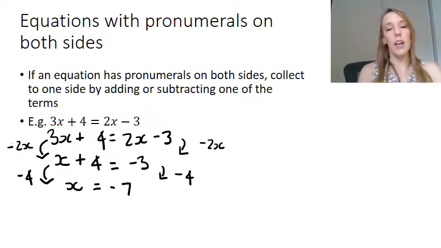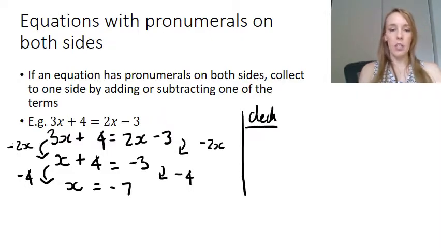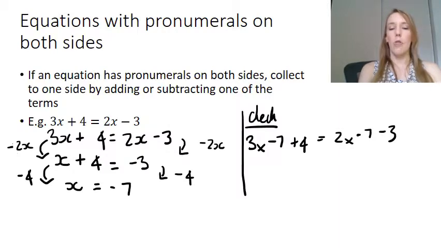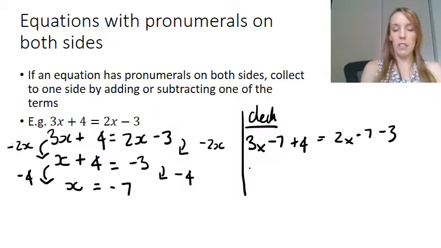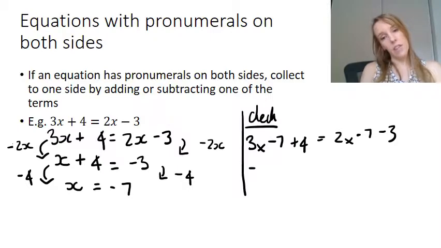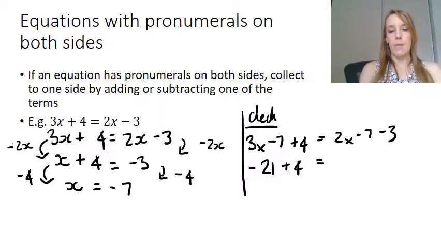If you'd like to check, you can. It's a good idea if you're in an exam situation, just to check that you're correct. So 3 times -7 plus 4 is equal to 2 times -7 take 3. 3 times -7, a positive times a negative, is going to be a negative, so -21 plus 4 equals 2 times -7, which is -14, take 3.